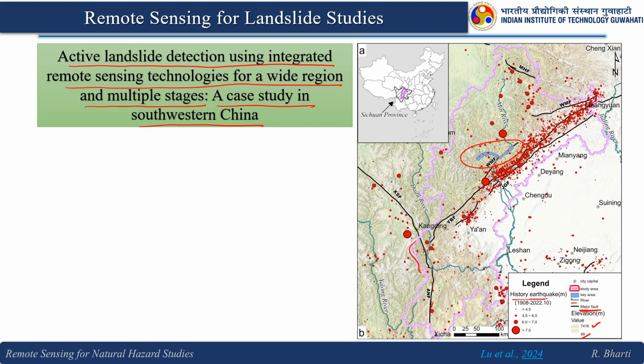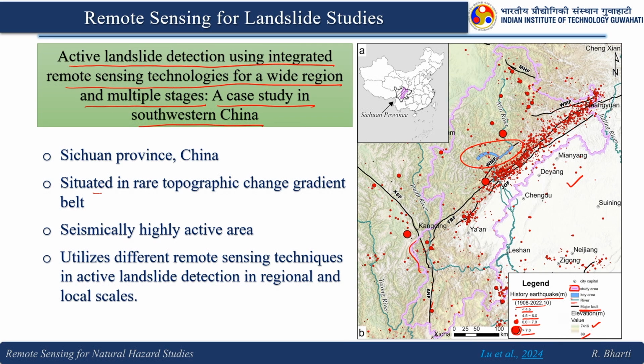And this is the history of earthquakes. Earthquakes of magnitude greater than 7 are represented with this size, this size is for 6 to 7, then 4.5 to 6, and then less than 4.5. This map provides you the information about the seismic activity in the study area.